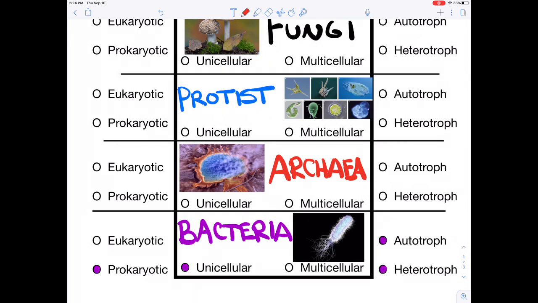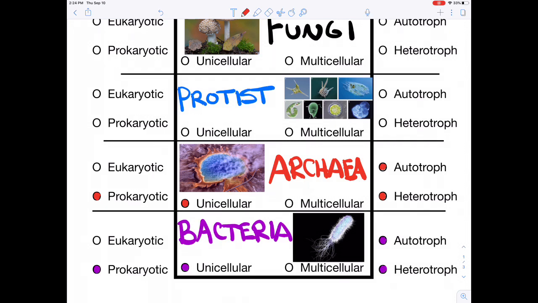Our next kingdom of life are the archaea. Archaea, just like bacteria, are prokaryotic. They do not have a nucleus. They are also unicellular, one-celled organisms, and they are both autotrophs and heterotrophs. Well, how do we tell the difference between these? Archaea and bacteria are both types of bacteria.